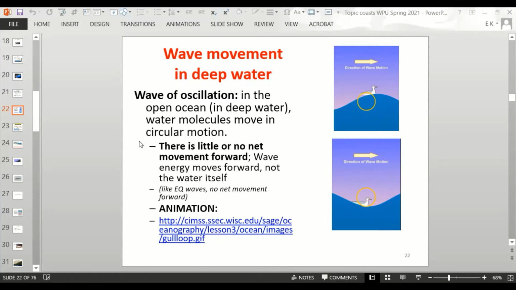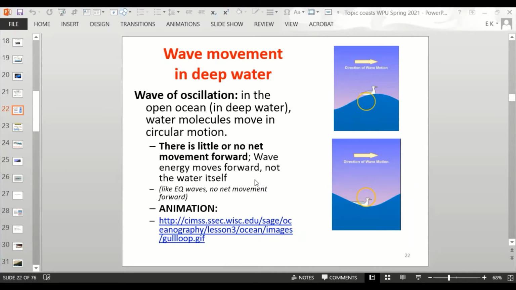So the wave is moving through the water as energy, but the water molecules are not moving forward. And again, we are talking about deep water, before where the waves are breaking at the shoreline. So there is little or no movement forward. It's the wave energy that's moving forward, not the water itself.